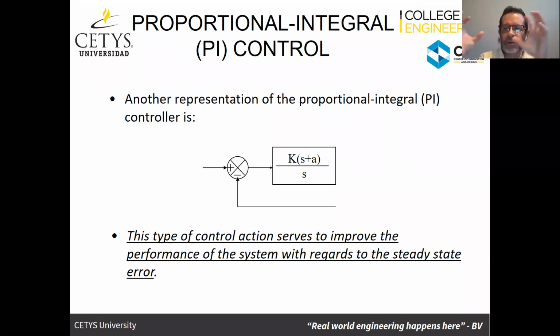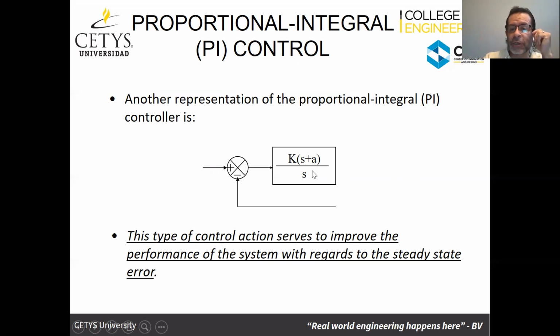I can just grab everything and use 1K to represent both actions, multiplied by S plus A, where A is a very small pole, a very small number that we add there as a 0, and S, the S in the denominator, is going to increase the type. So the PI controller is going to help us improve the steady state performance of the system, or reduce the steady state error.